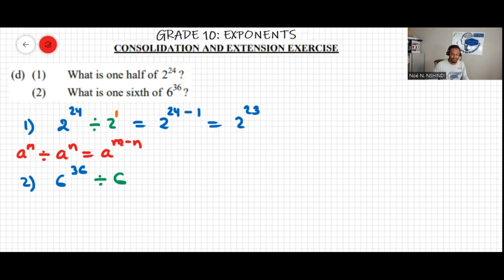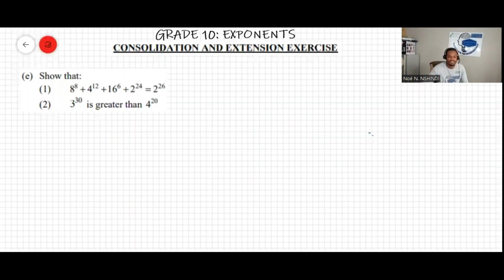So over here also understand that there is an invisible power of 1. So we're going to apply the same property. That would be 6 to the power of 36 minus 1, and then this will be equal to 6 to the power of 35. That's question D.